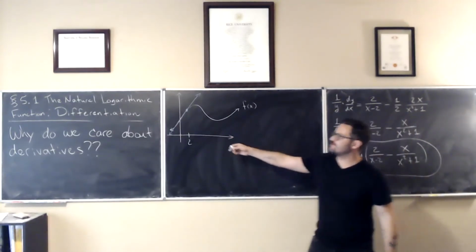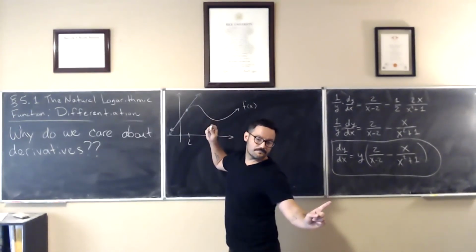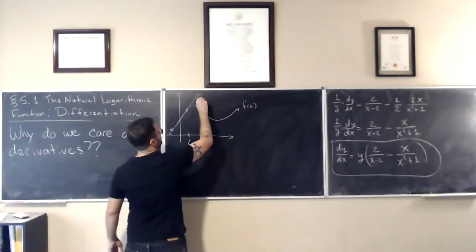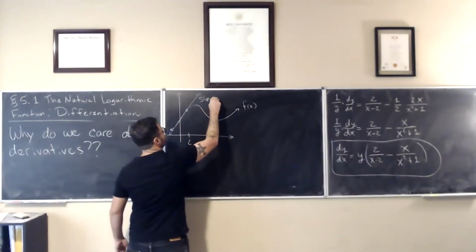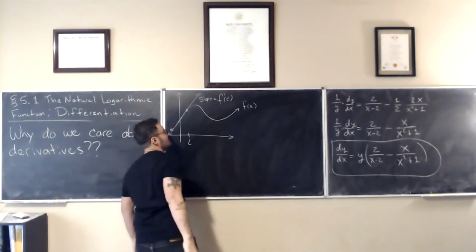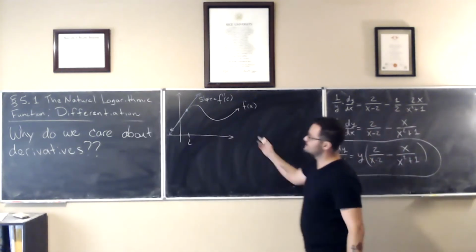What's that line called? Is it the first derivative of that line at that point? This line has slope equal to f prime of c. The derivative of that function evaluated at c gives you that slope.